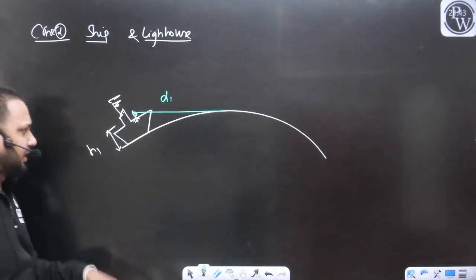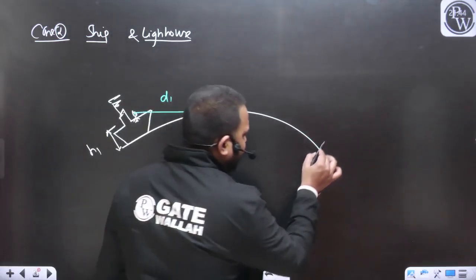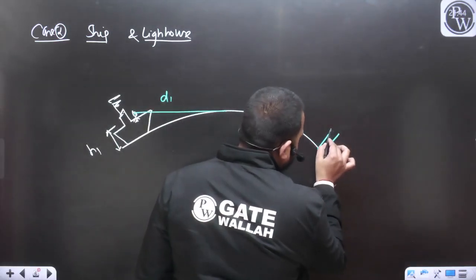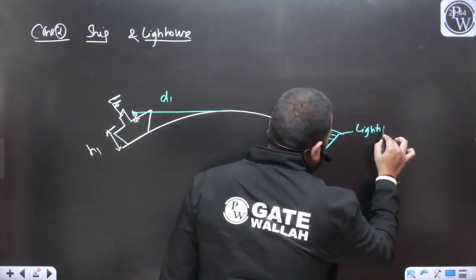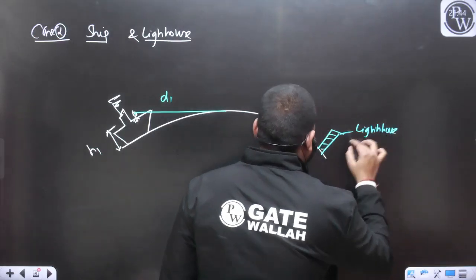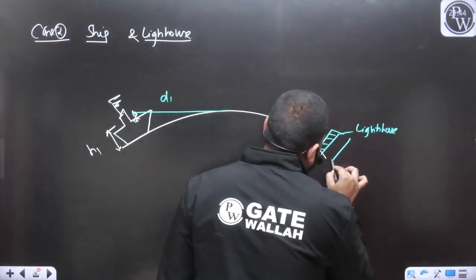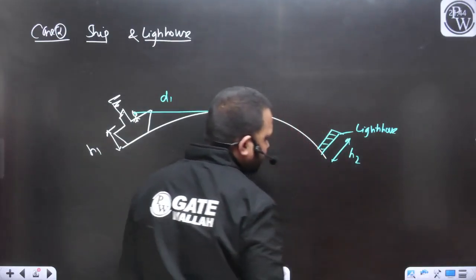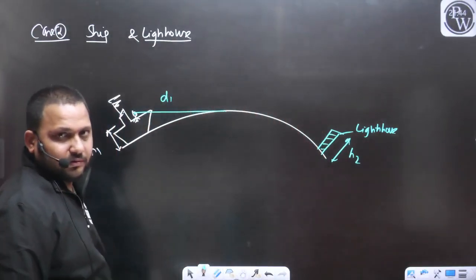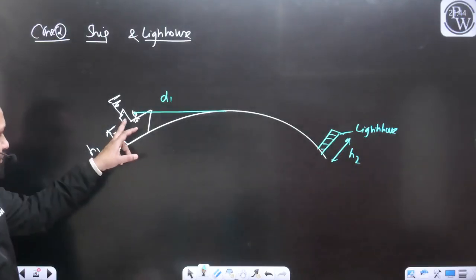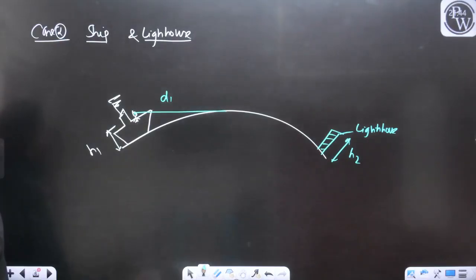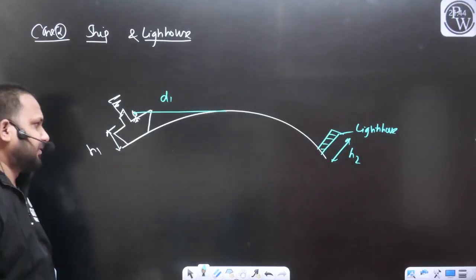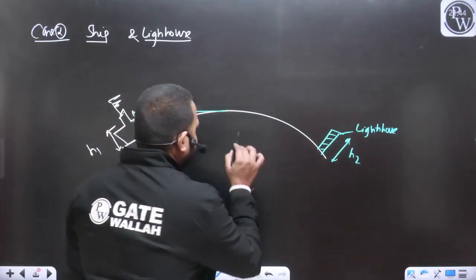And let's say on the other side, we have provided a lighthouse, and the height of this lighthouse is h2. From what distance will this observer be able to see this lighthouse?